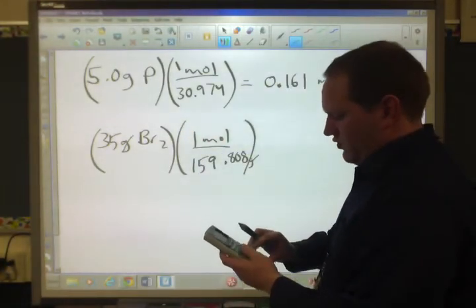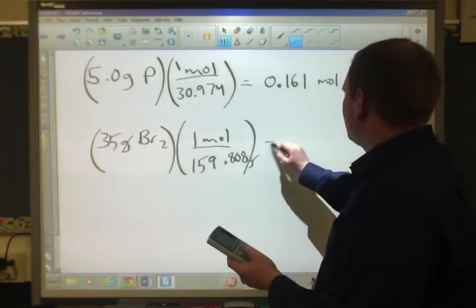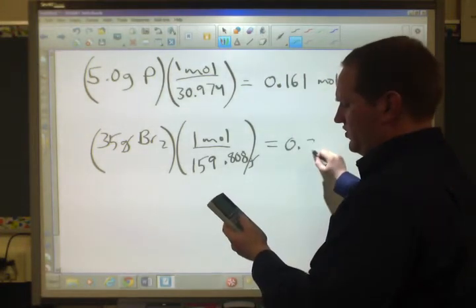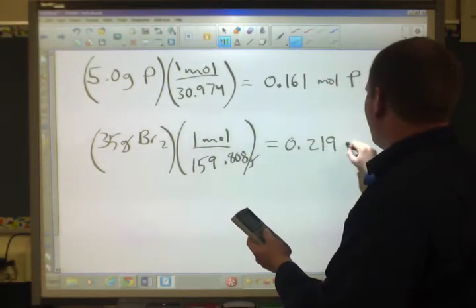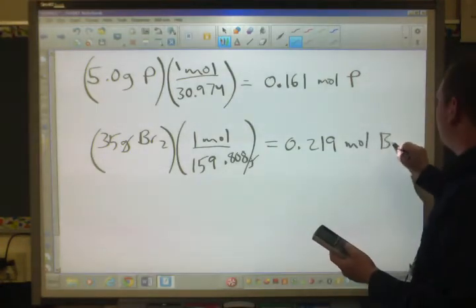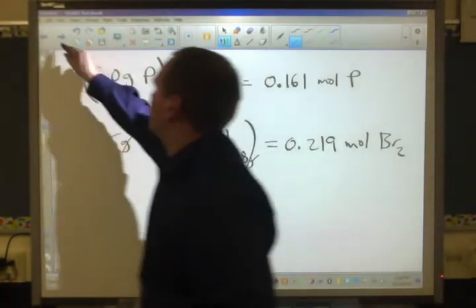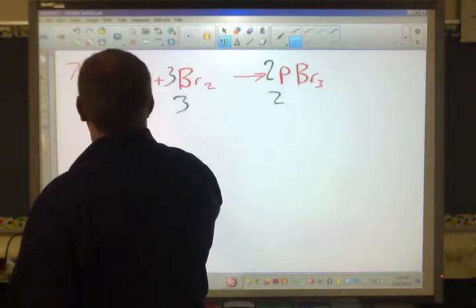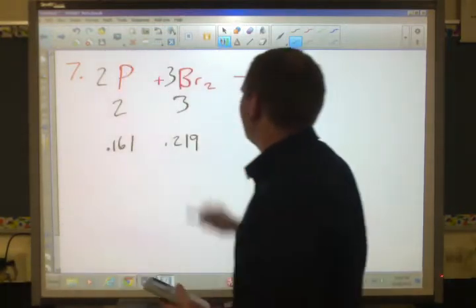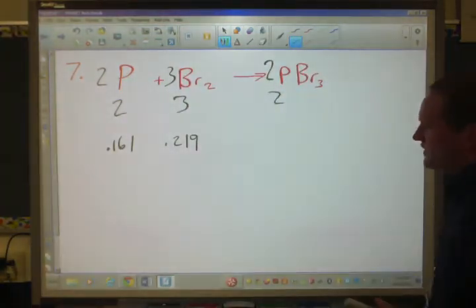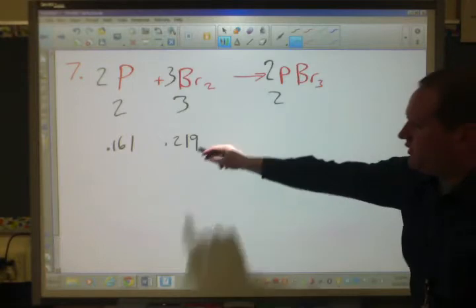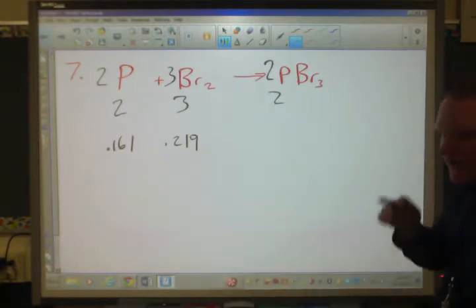So 35 over this equals 0.219 moles of bromine. So let me write these on my previous slide: 0.161, 0.219. Alright, definitely leaning towards this being my limiting, but since I'm not 100% sure, let's crunch the numbers and make sure.